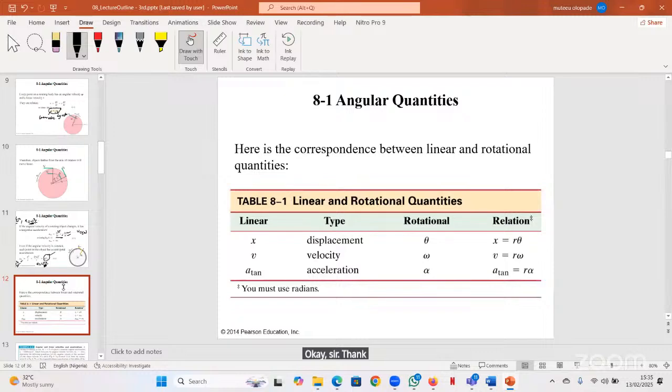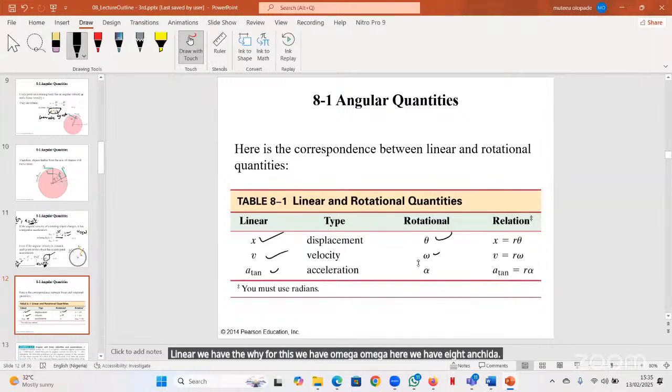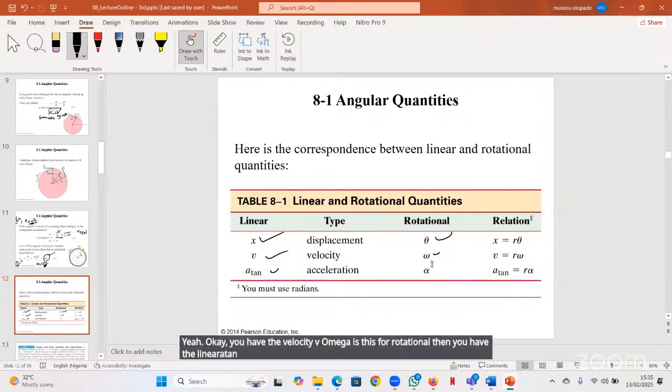Now, some of the relationships between the angular, the rotational, and the linear. For the linear, we have the X, while for rotational, we call that theta. For linear velocity V, for rotational we have omega. Then you have the linear tangential acceleration, A tan, and A tan is equal to what?